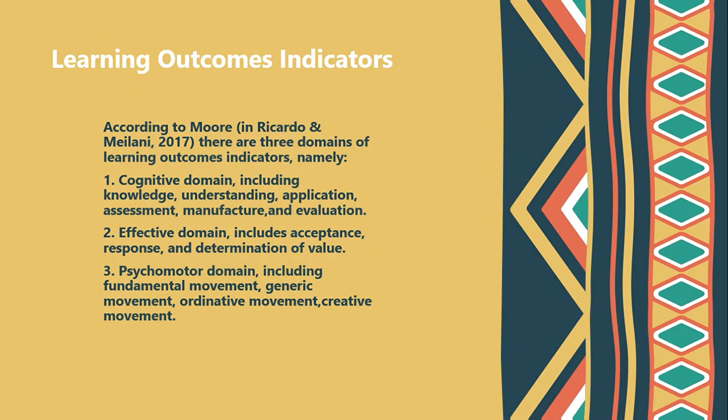Learning outcome indicators. According to Moore in Ricardo and Melanie, 2017, there are three main domains of learning outcome indicators. First, the cognitive domain, including knowledge, understanding, application, assessment, manufacture, and evaluation.